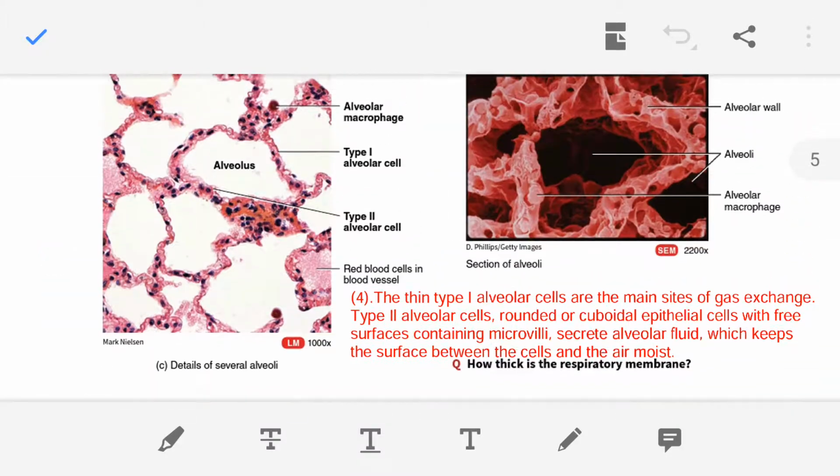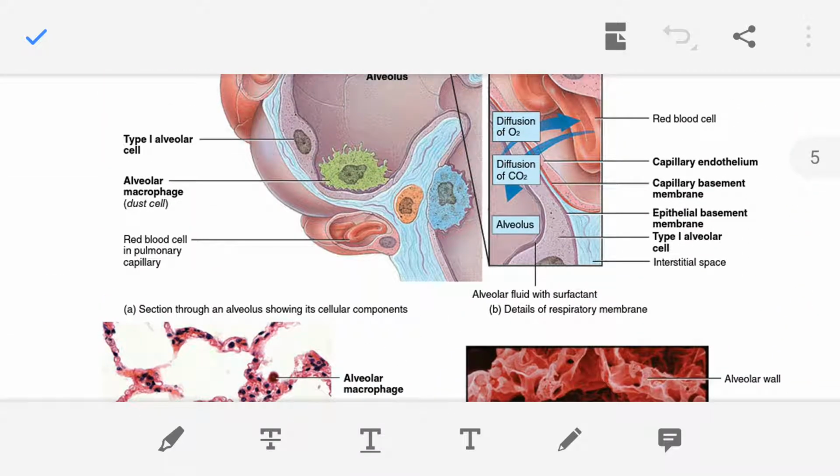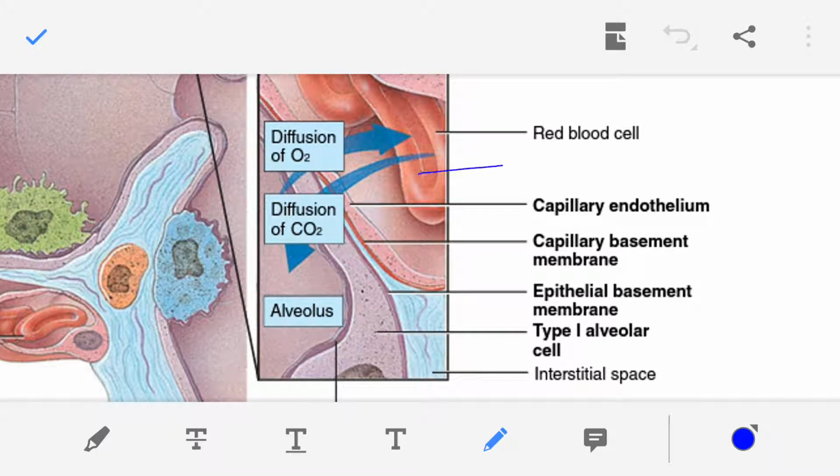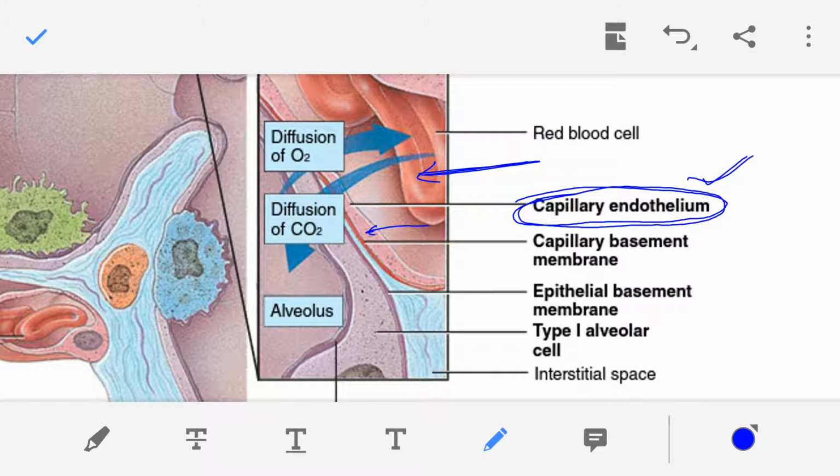Now in the figure we are seeing this. Over here, first of all, let's discuss the capillary. This pink color is the wall of the capillary. Inside this, capillary endothelium cells are present, and outside you see the capillary basement membrane.